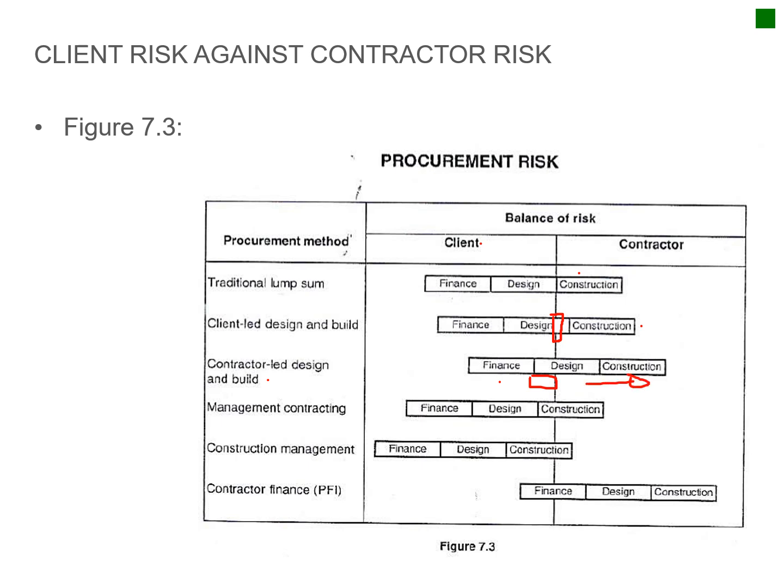And then you have management contracting, which is now shifted more towards the client, because the client is now taking the responsibility of the project management side, and thus the contractor is a little bit less responsible for the construction.